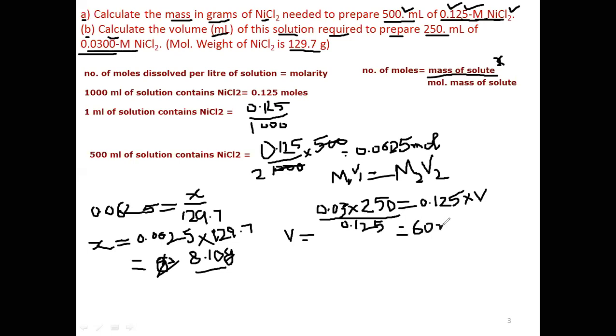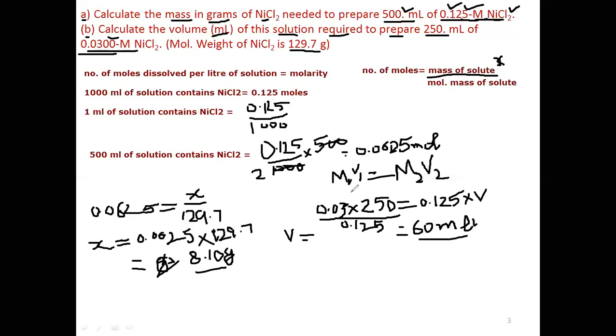You can easily solve it. 0.125 can be written as 1 over 8, and in the numerator you get 1000. 125 into 250 cancels, it gives 2. 2 into 0.03 is 0.06. 0.06 into 1000 is 60 ml.